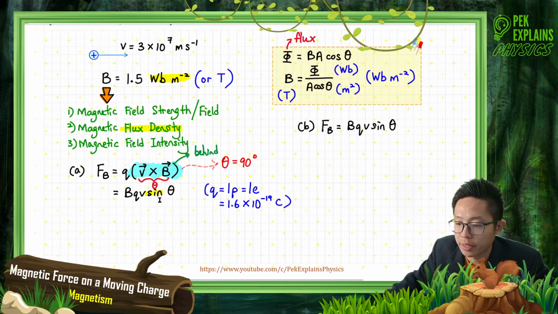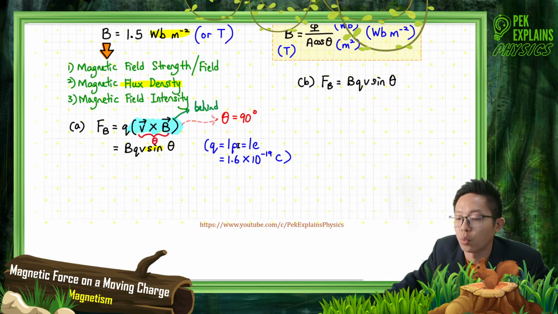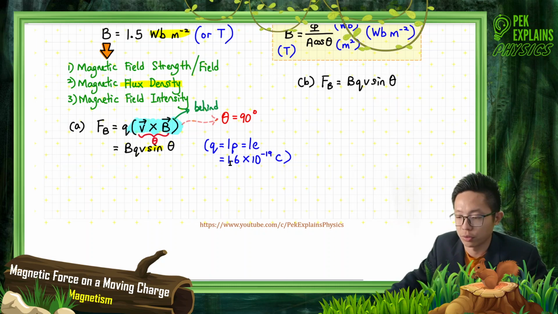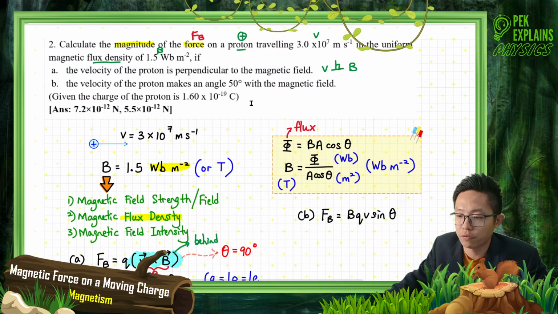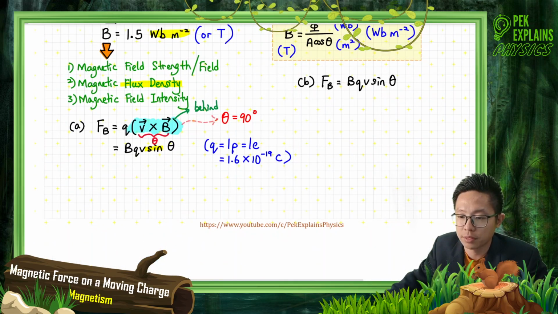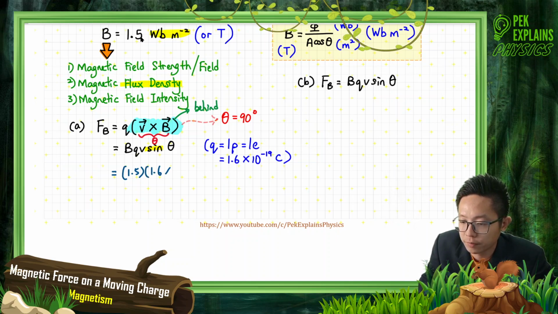So we have the angle theta. And this is a proton. So the charge is 1 proton. The charge of 1 proton is the same as 1 electron, 1.6 × 10^-19. So we have all the values here. Let's substitute inside. Magnetic field is 1.5. The charge of 1 proton is the same as 1 electron.